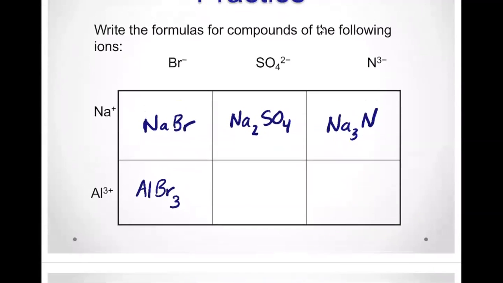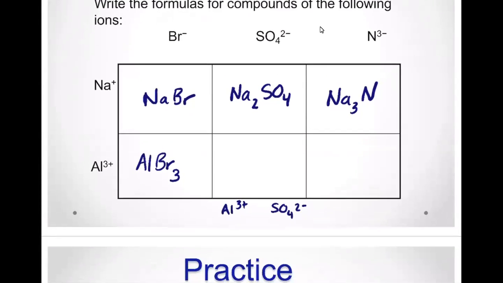What I could do here, this one often confuses students. Let me just write it down here. So if we know aluminum only comes in 3 plus and sulfate comes in 2 minus, you need a common denominator, which is 6, between 2 and 3. So we need 6 pluses and we need 6 minuses. How do we get 6 plus? Well, we need 2 aluminum ions. How do we get 6 minus?